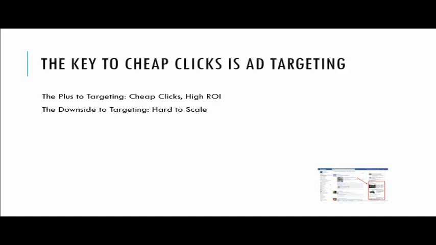So let's talk about how you're going to target. You're going to target interests, and you'll see that when we go into the screen. Location. In the case of online marketers and people who are looking to make money online, location is not necessarily going to be much of an issue unless you're looking to sell services to small business owners.